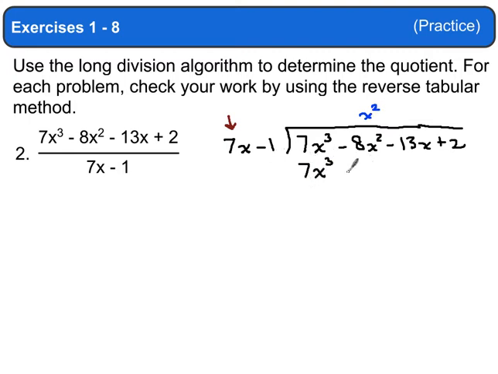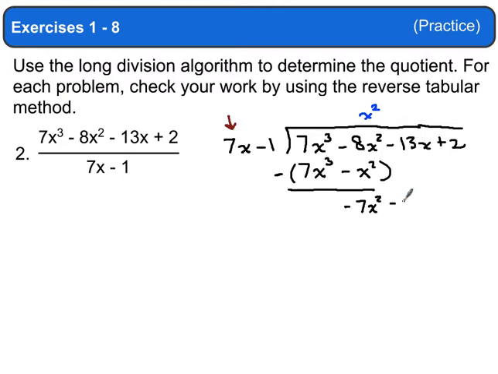X squared times negative 1 is negative x squared. Put your parentheses, put a minus sign in front, draw your line. Right, we're looking to see that these two cancel out. And then negative 8 minus negative 1, that's going to give us negative 7x squared.